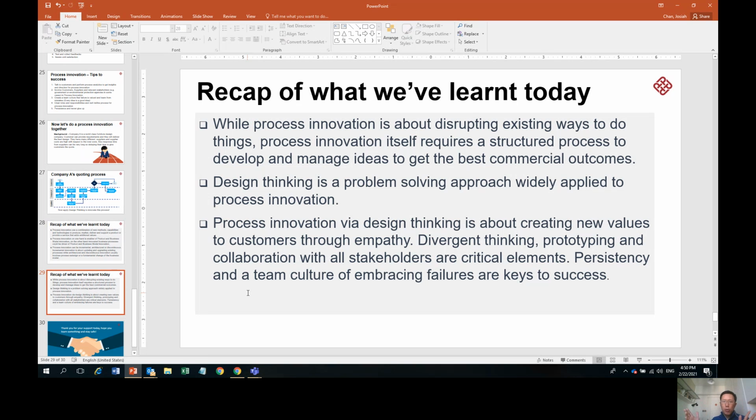Don't limit what you think is possible at the very beginning. Then prototyping: you build some prototypes to test. Collaborate with others. Other critical elements are persistence and a team culture of embracing failure. Don't be afraid of failure; it is key to success.